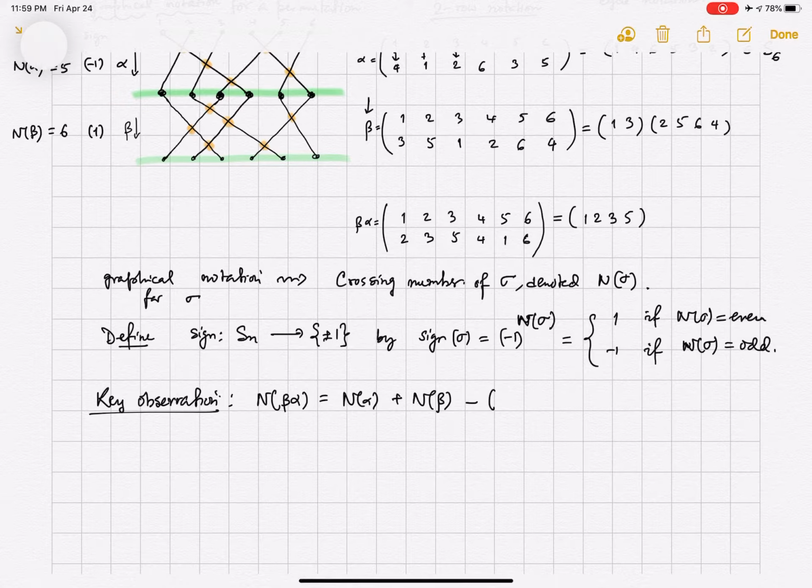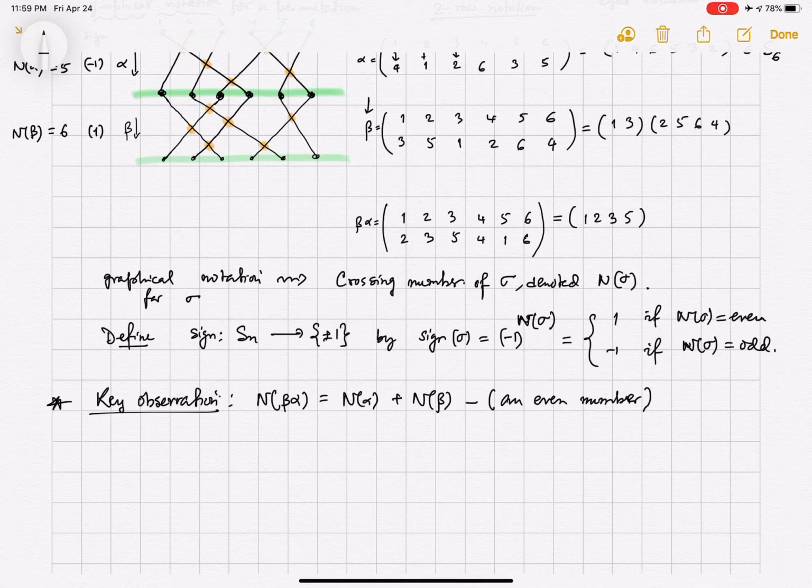And I want to explain why. This is what makes everything tick. This would imply that this function is actually a homomorphism.